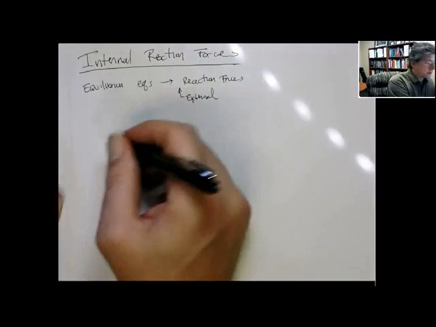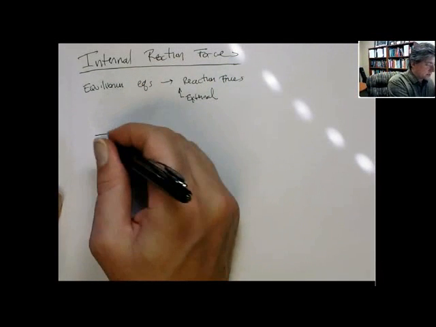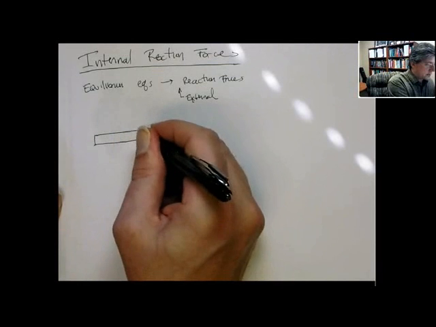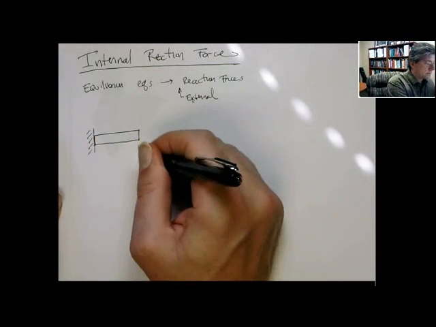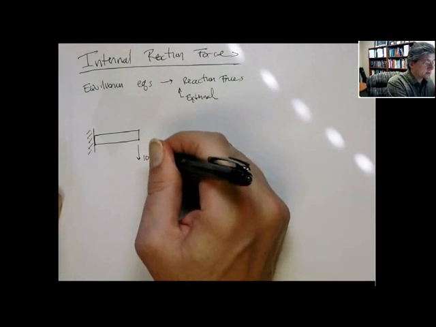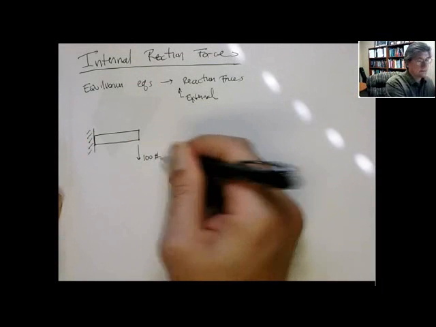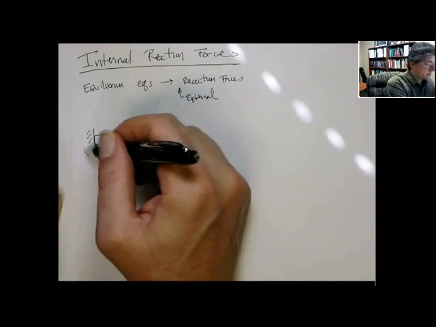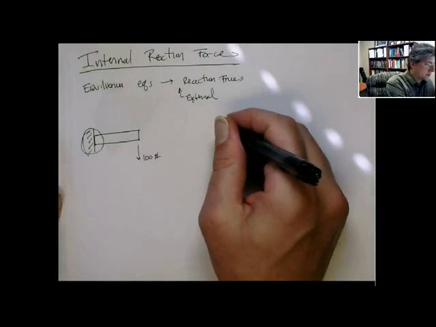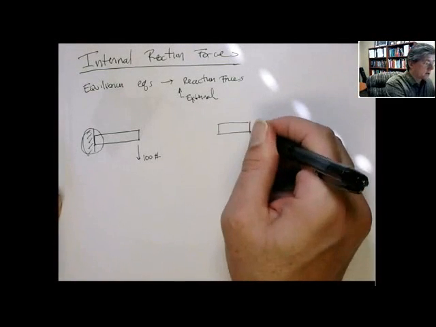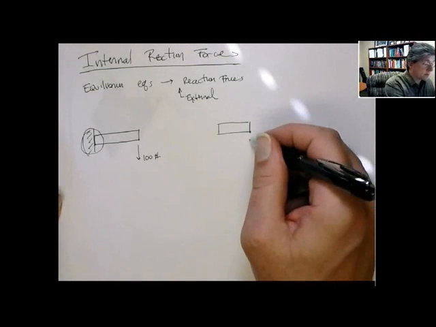Okay? So, for example, if you have a cantilever beam, there's a tip force, right? At this point, due to the constraint of it being fully supported, there are reaction forces and moments.